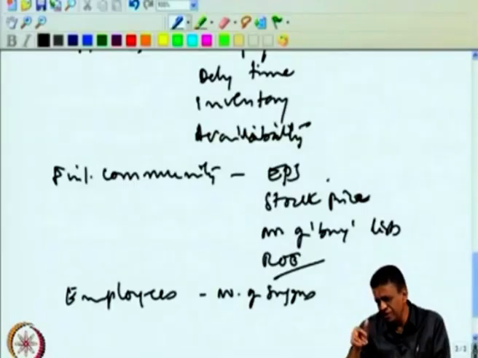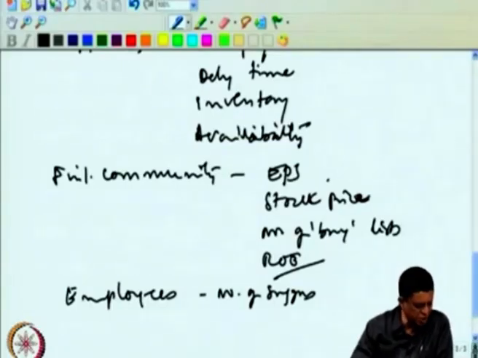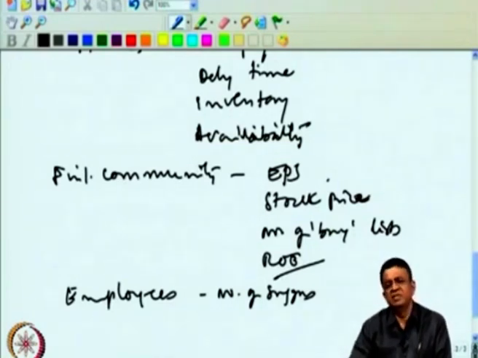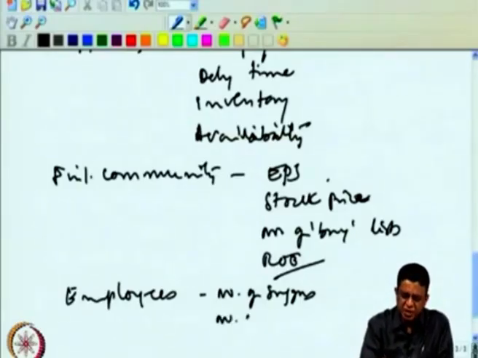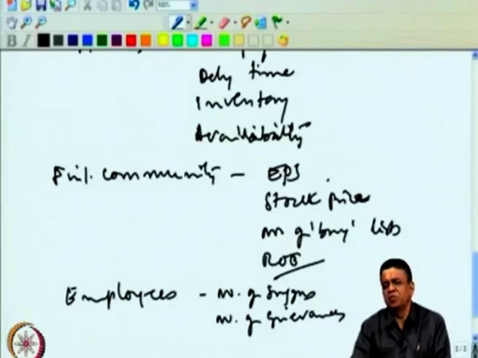They always think of methods to see how the performance of the company can always be improved. The other thing which the employees are concerned with is the type of grievances they are making, the number of grievances. Suppose there are no grievances against the management.